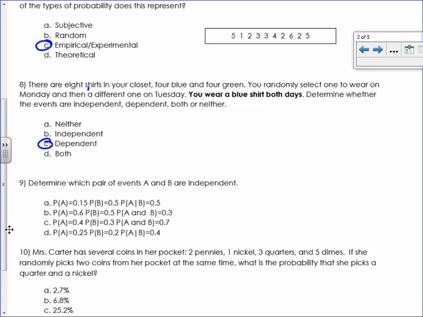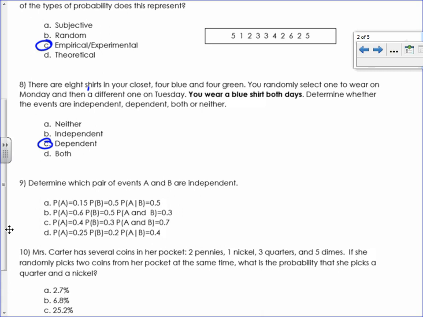Oh, if it was independent, if I said you have 4 blue shirts and 4 pairs of blue or green pants, and I said, what's the probability of you picking a blue shirt? I mean, I guess the example is, will you picking a shirt on Monday affect the pants that you pick on Tuesday?